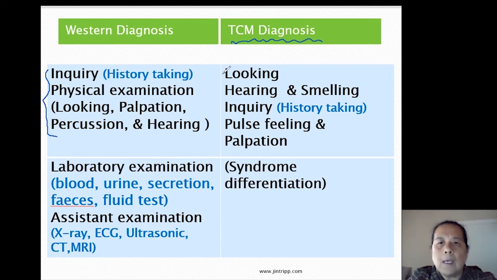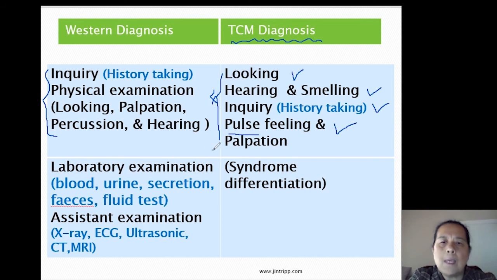You say we have 4 ways to make TCM diagnosis. So we have looking, hearing or smelling, asking questions, and palpation. That's where feeling the pulse is included. That's TCM diagnosis, we have 4 ways.